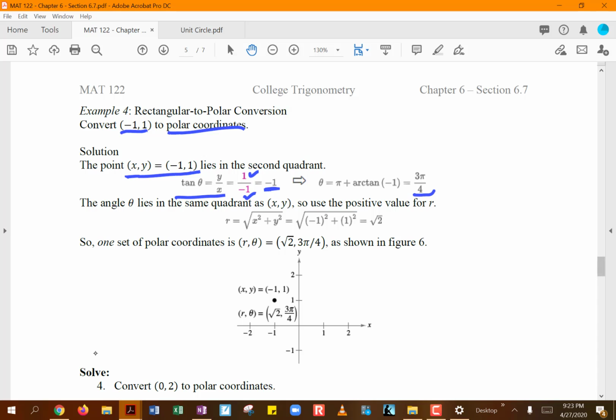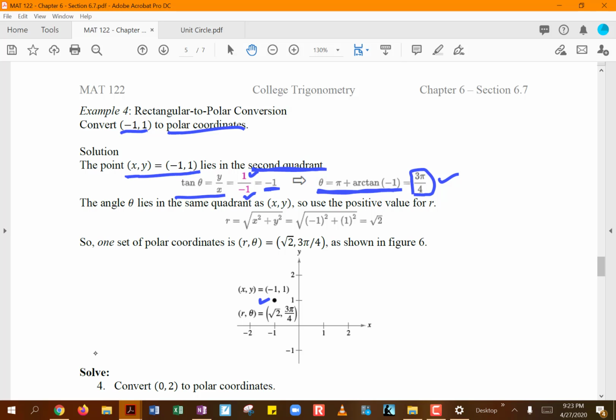So you can get 3 pi over 4 by looking at your unit circle, or basically, since this is a second quadrant point, we know negative 1, 1 lies in our second quadrant. You can also use this definition, which you had seen in chapter 4, that theta is going to be pi plus arctangent of negative 1, and that will also end up giving you 3 pi over 4. So whichever method works for you, go ahead and use that.